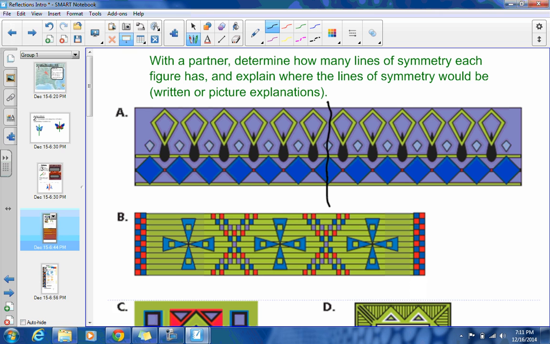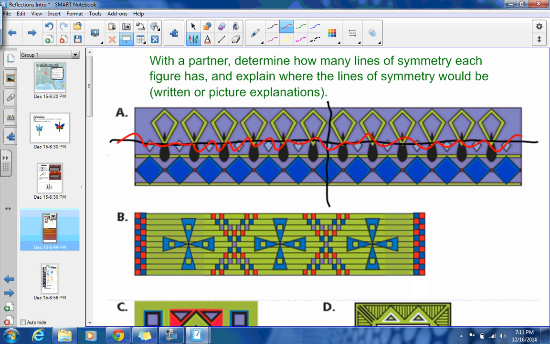Now you might say, well, this is a rectangle. What if you cut it the horizontal way? None of the designs on here would be symmetrical, because if you folded over that long horizontal line, it would not be the same on both sides. So that one is not a line of symmetry.